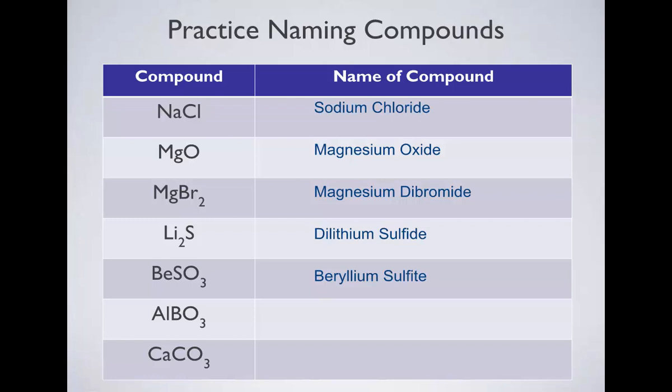Aluminum borate. BO3 is one of those radicals. It's on the back of your chart. Borate. How about this last one?